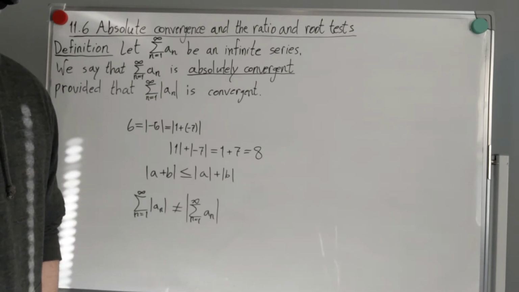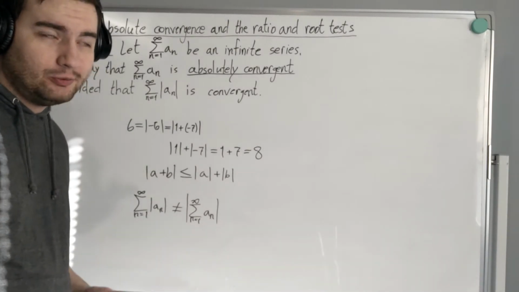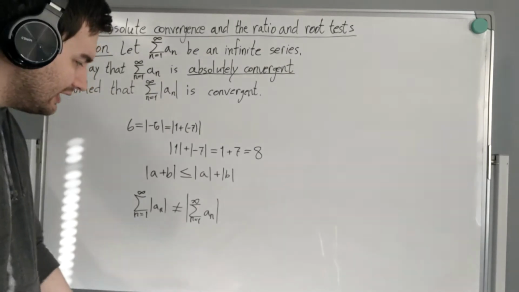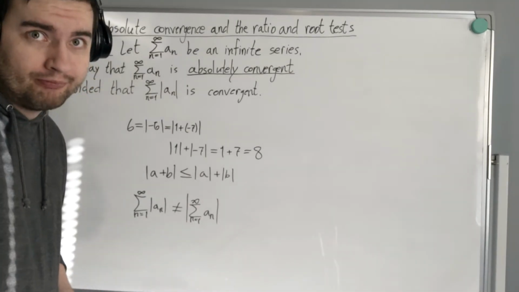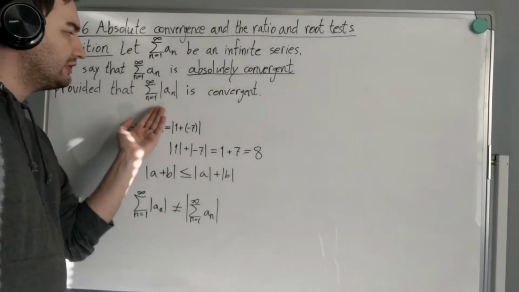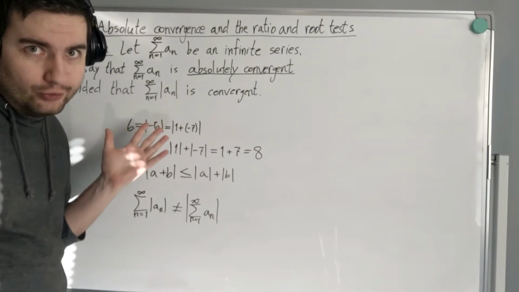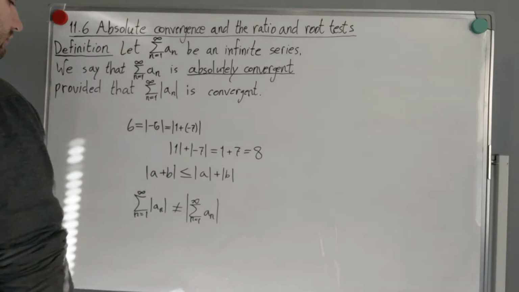It's possible that this thing doesn't even converge, in which case taking its absolute value doesn't make sense in the first place. But besides that, even if both of these things do converge, they might not be equal. Okay? So this right here, this is not the absolute value of the series, it's what I would call the series of the absolute values.